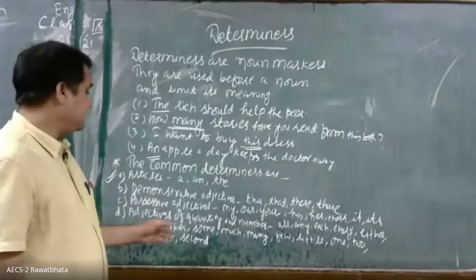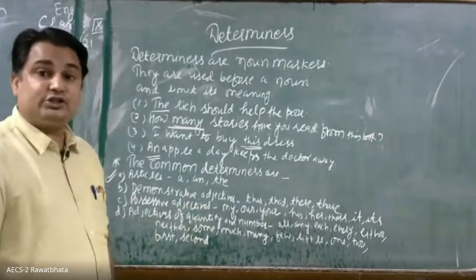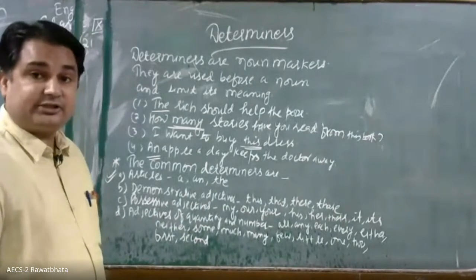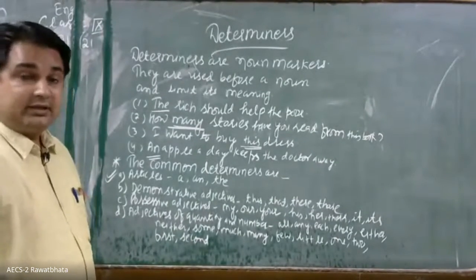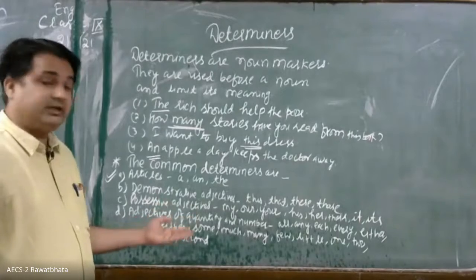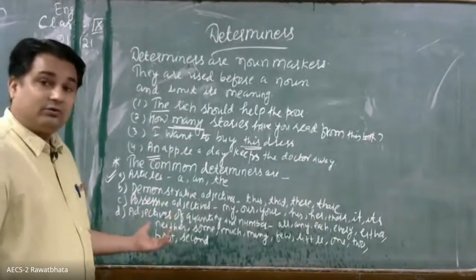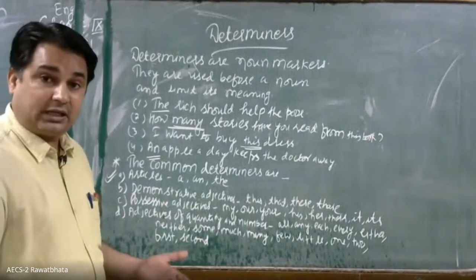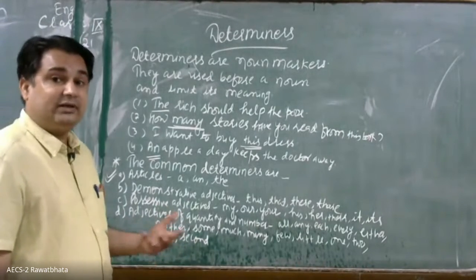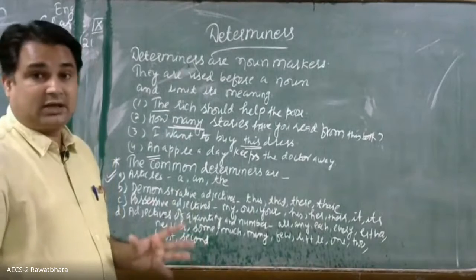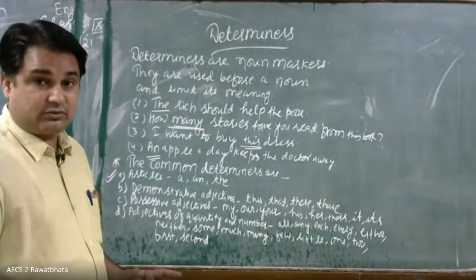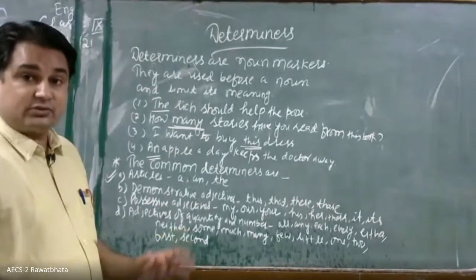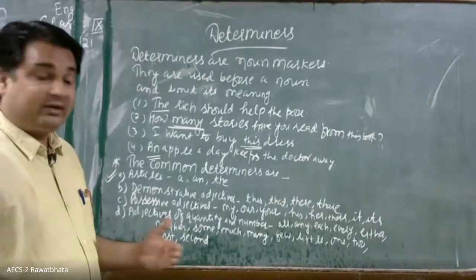Then next, regarding adjectives of quantity and number, they are also determiners. They also come before the noun, for what purpose? To limit the meaning of the noun. So I hope you have understood that determiners are used before the noun to limit its meaning.